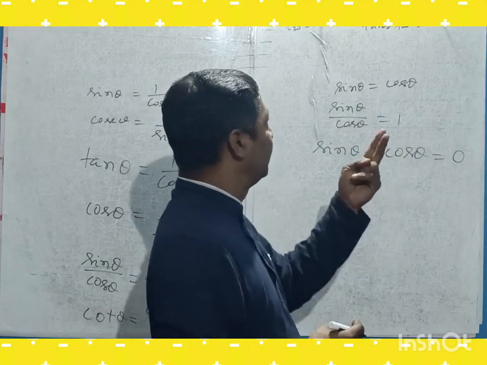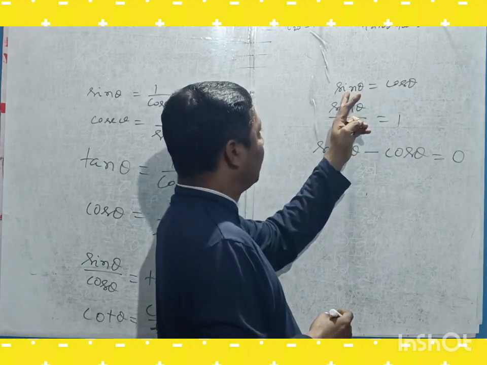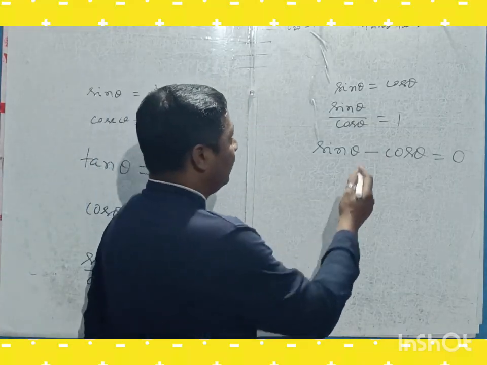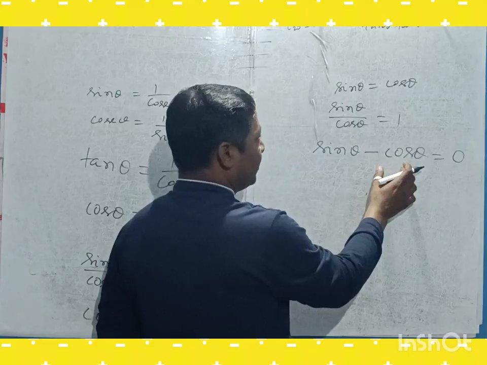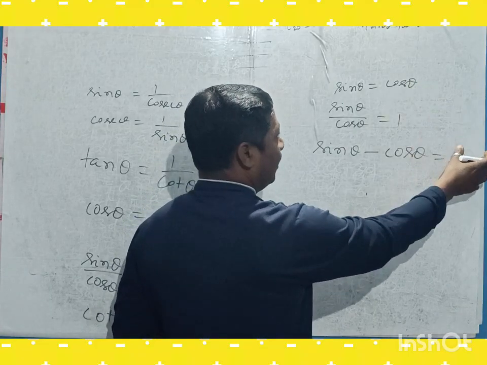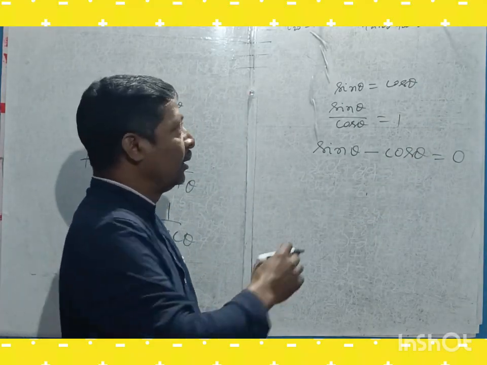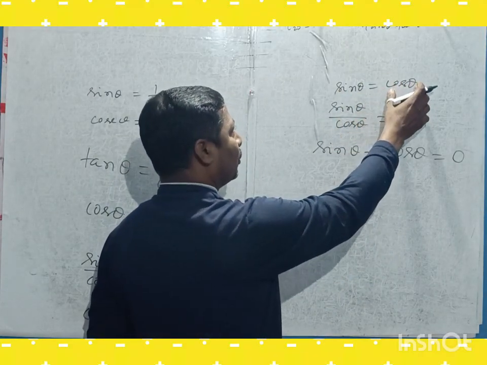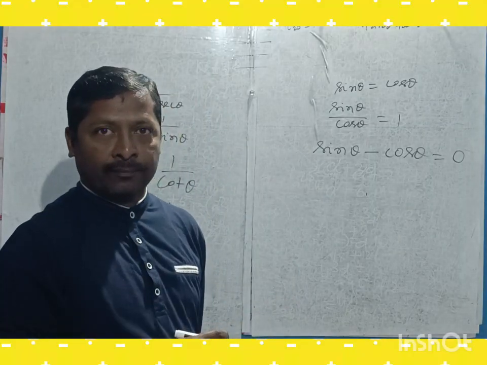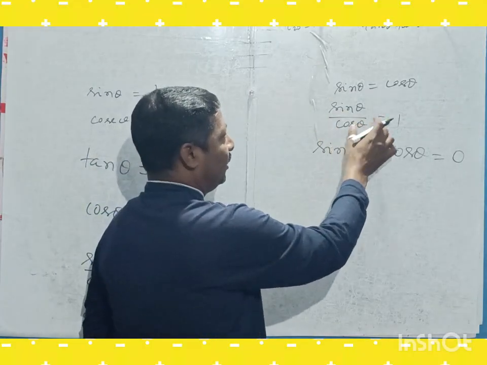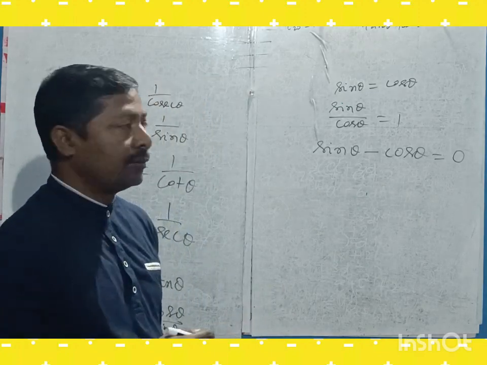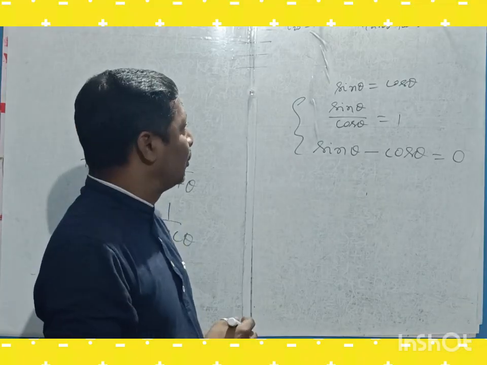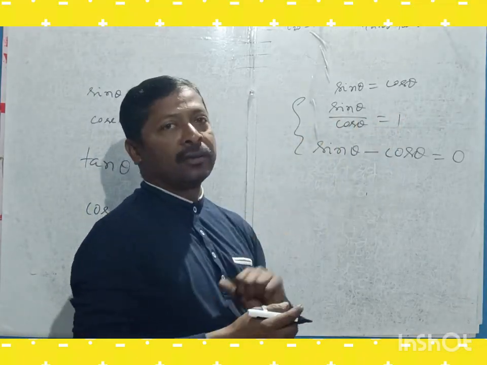Two cases are possible there. If cos theta comes with a negative sign, minus cos theta, the right hand side will be 0. If it comes with division, in the denominator on the left hand side, it will be 1. So see the difference in how it can be brought towards the left hand side and what will be on the right hand side.